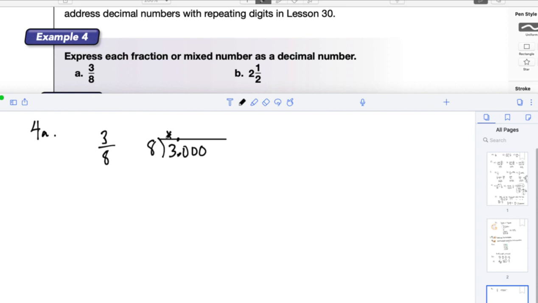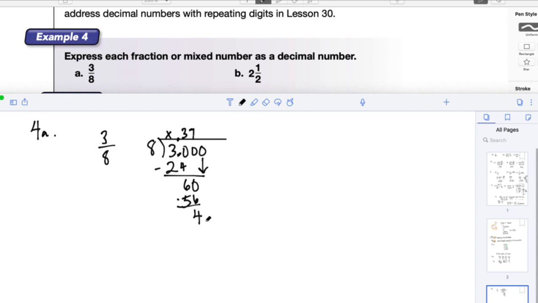8 can't go into 3, but 8 can go into 30. It goes into 30 3 times. 3 times 8 is 24. When I subtract, I get 6. Drop this 0, I get 8 going into 60. 8 can go into 60, and it goes in there 7 times. The product of 7 and 8, 7 times 8, is going to be 56. When I do that, I get 4.